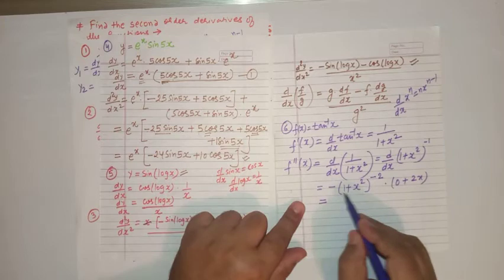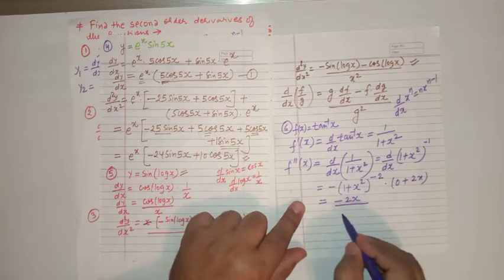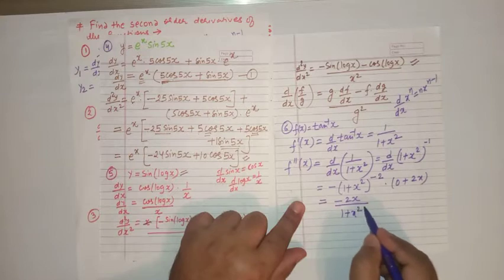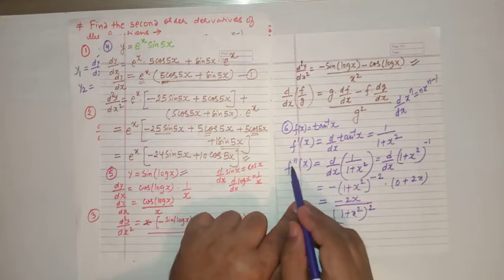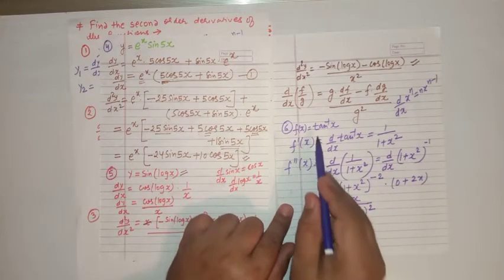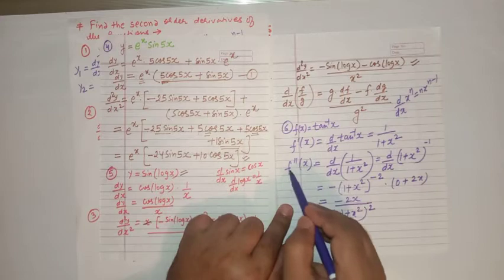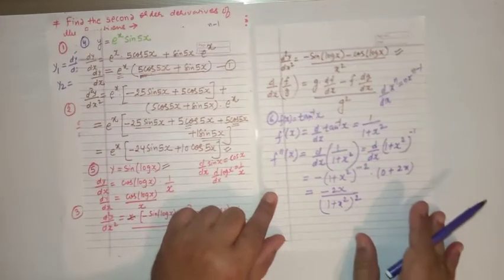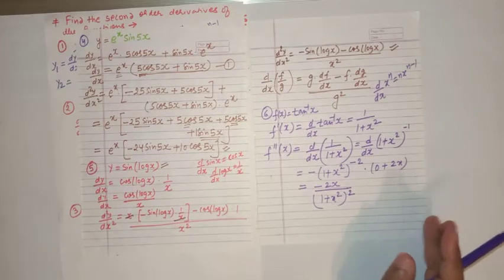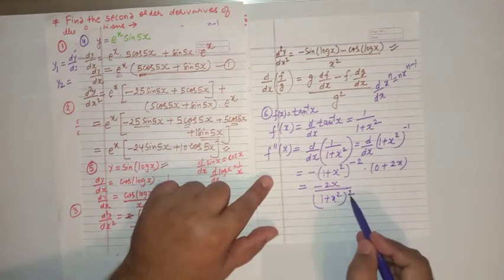So if we simplify it, we have minus 2x divided by (1 plus x square) whole square. So the second derivative of this function is minus 2x over (1 plus x square) whole square, right?